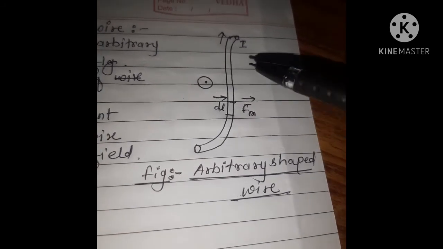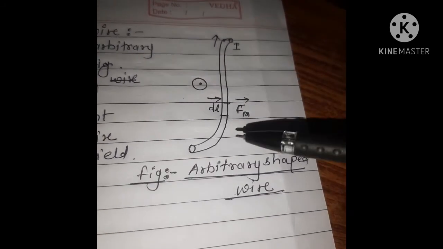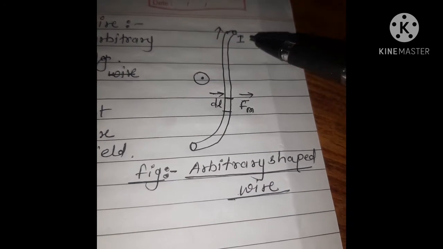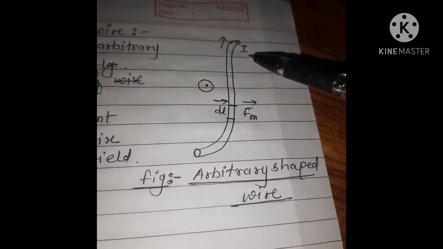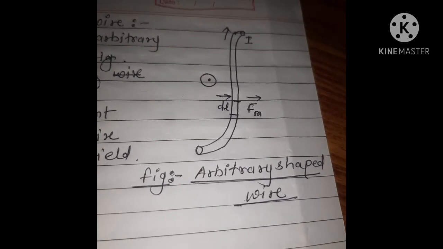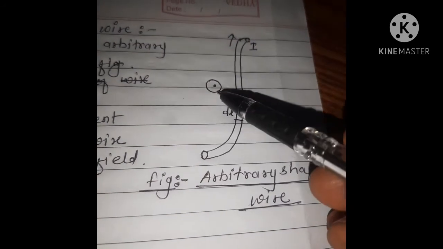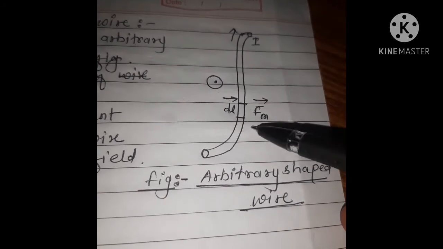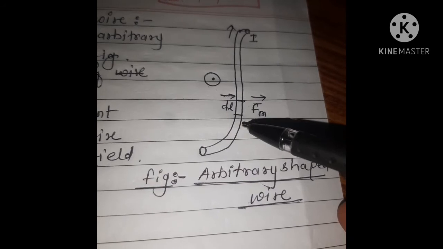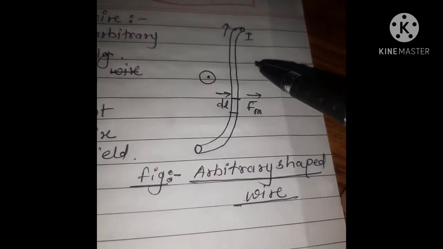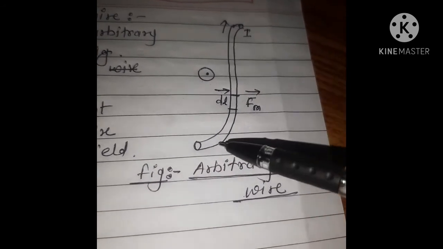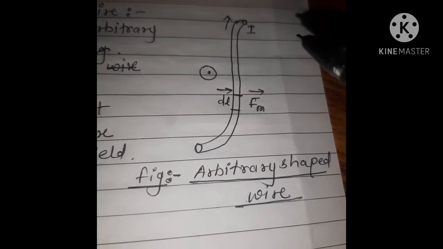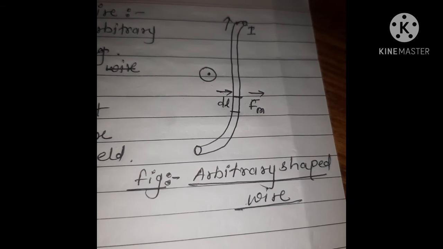Suppose a wire of any irregular shape carrying current I is placed in an external magnetic field perpendicular to the wire. Then the magnetic force exerted on this wire can be determined.